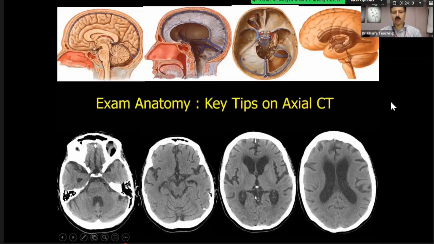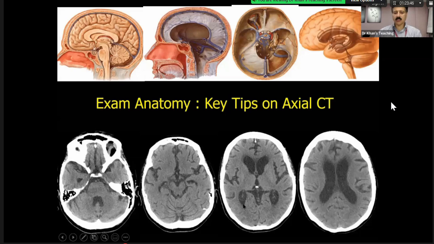So coming back to the ventricles, this is the point which I was making. Now, this is the frontal horn, this is the body, and this is the trigone. Slightly inferiorly, frontal horn, foramen of Monro, third ventricle. Trigones are still there, so we are somewhere here.